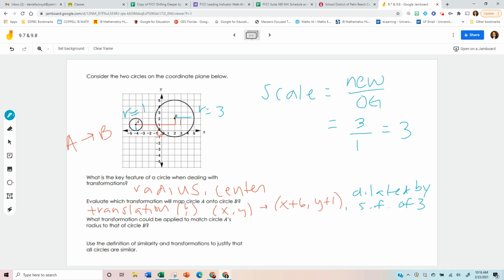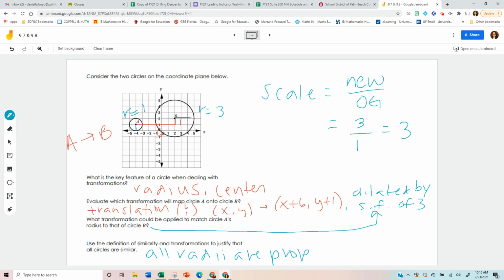Now, what transformation can be applied to match circle A's radius to circle B? I got too happy. Here we go. That's what we talked about here. It says use a definition of similarity and transformation to justify that all circles are similar. So remember that with similarity, they're all going to be proportional to each other, right? So what this means is if all circles are similar to each other, all radii are proportional.